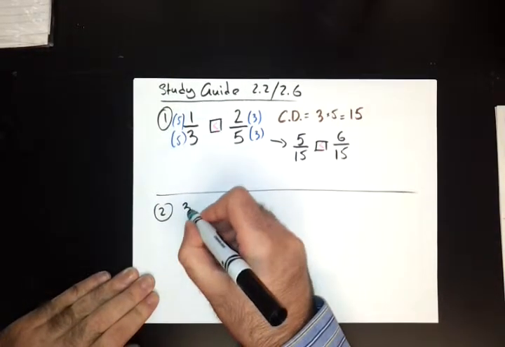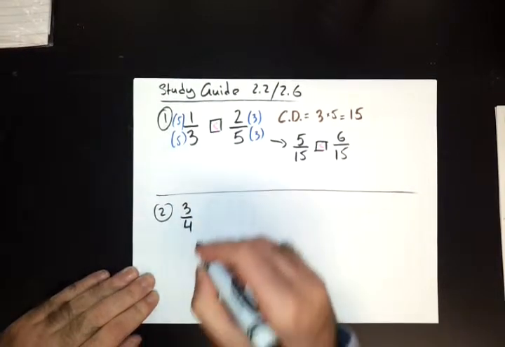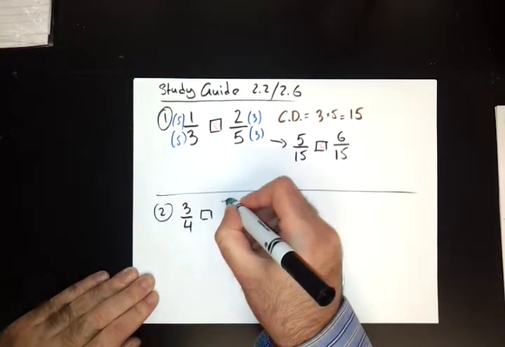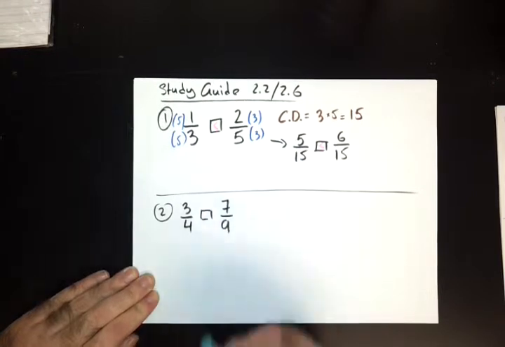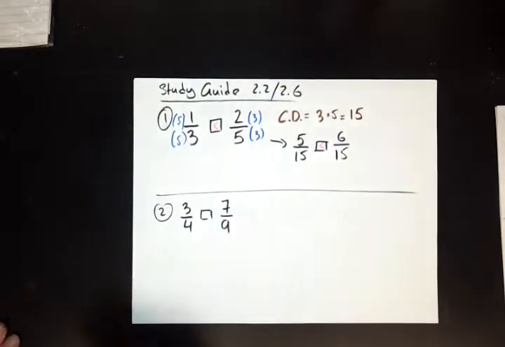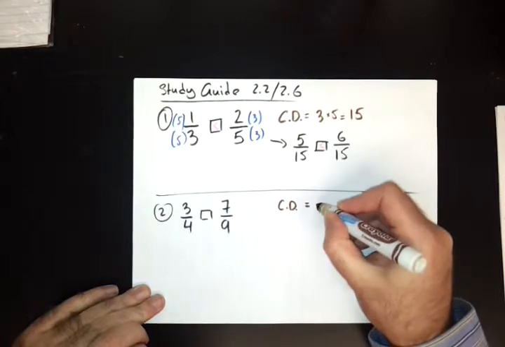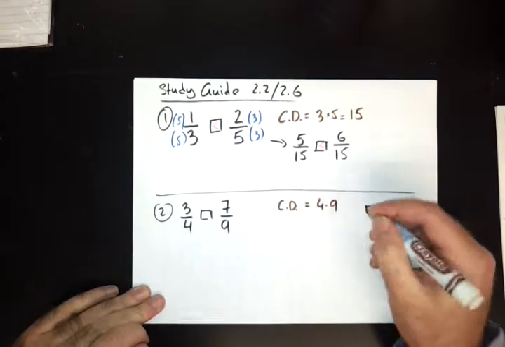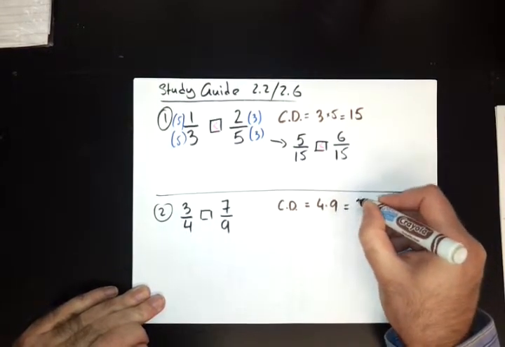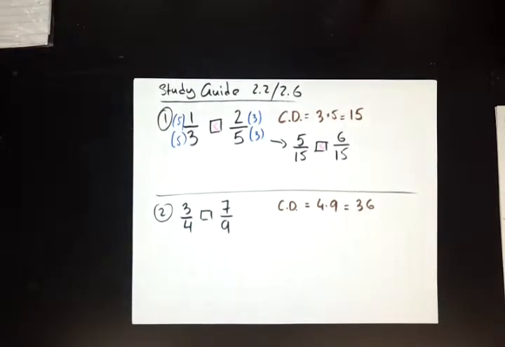We have 3 over 4, and we have 7 over 9. Same thing here, common denominator. Method 1 is probably going to be your best bet here as well. So 4 times 9, which is going to give you a 36.